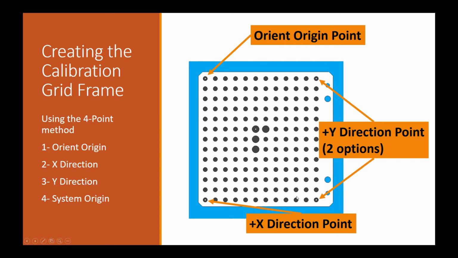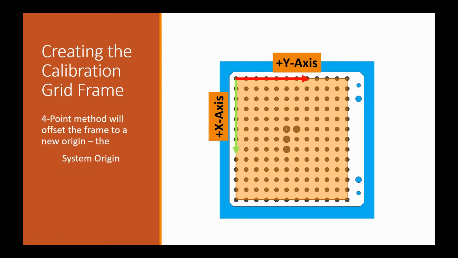And then the Y direction, we can go to either point at the other end of the calibration grid, opposite of the orient origin or opposite of the X direction point. So the orient origin and the X and Y direction define the user frame surface or plane. However, for the calibration grid frame, the user frame needs to be placed in the middle of the calibration grid.